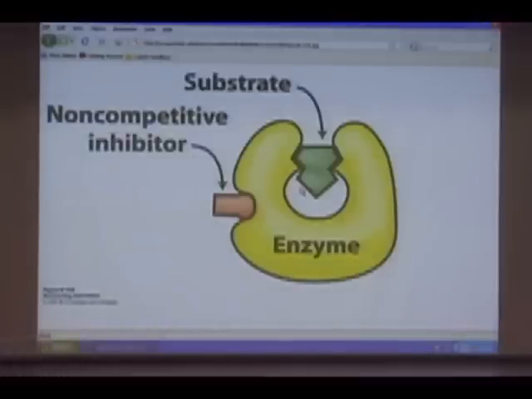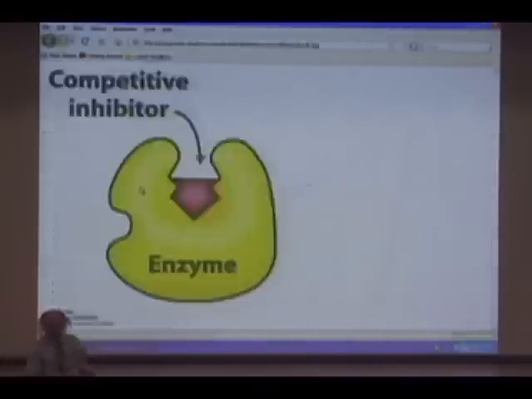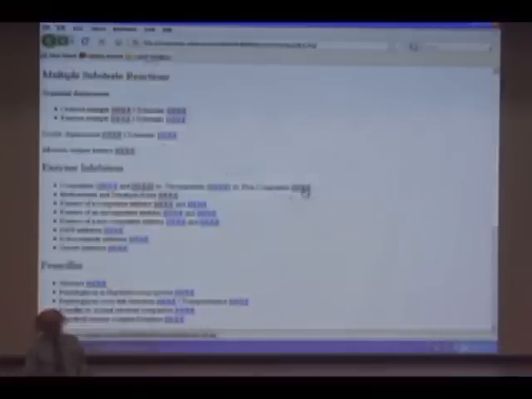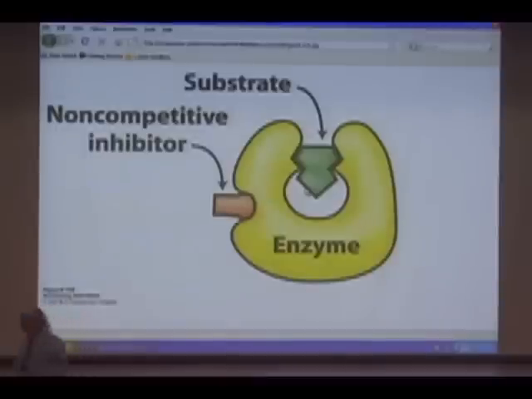Okay. Now, in the case of competitive inhibition, we schematically saw that the inhibitor looked very much like the normal substrate. Non-competitive inhibition, first of all, tells us from its name, the inhibitor is not competing with the substrate.